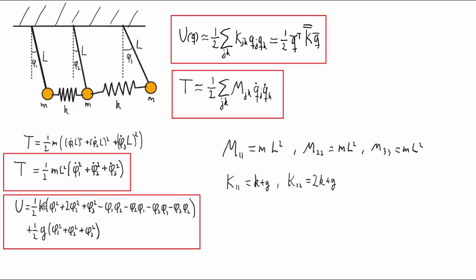Because it says 2K plus G. Similar for K33, but that's also equal to K plus G, just like K11. And then we can read off the off-diagonal terms here. K12 is equal to K21, has to be equal to K21, right? And that is minus K. And K23 equals K32 is also minus K.